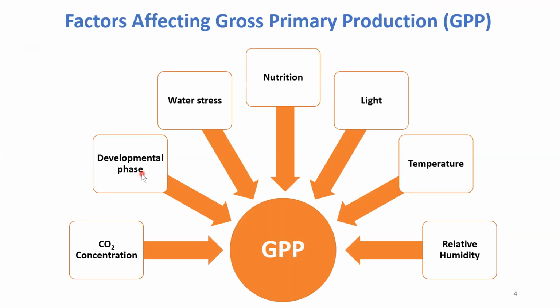Developmental phase: plants at different developmental stages have different photosynthesis states and carbon uptake rates. And the carbon dioxide concentration itself also has an impact on GPP, because the amount of carbon dioxide in the atmosphere determines how much carbon dioxide will be taken up by the plants.